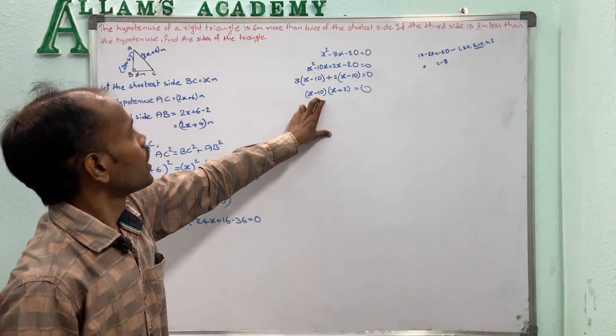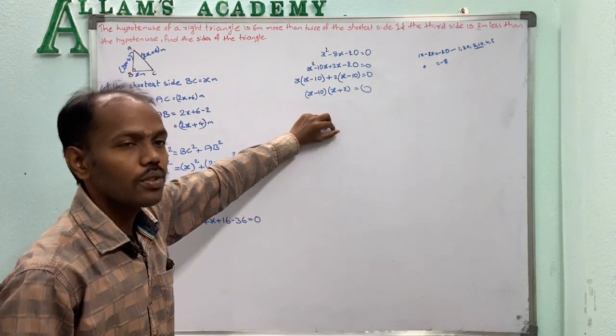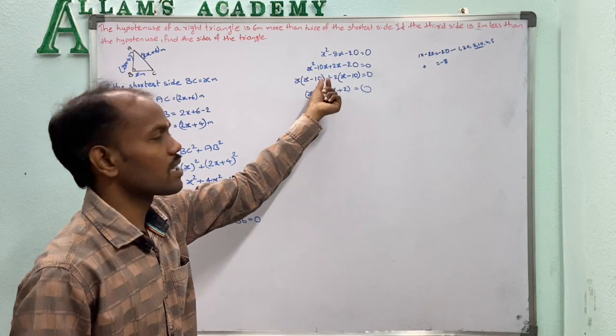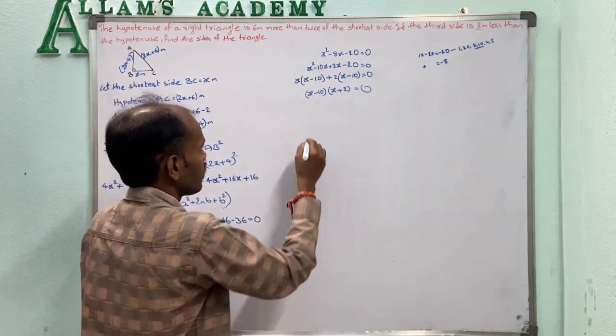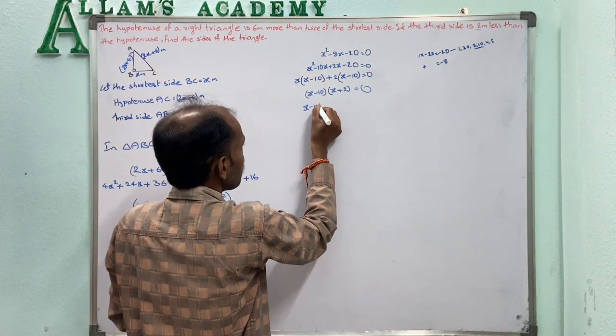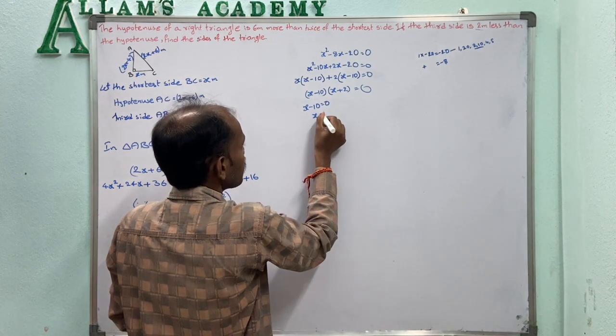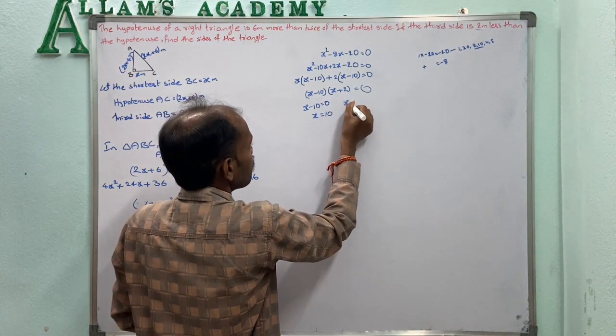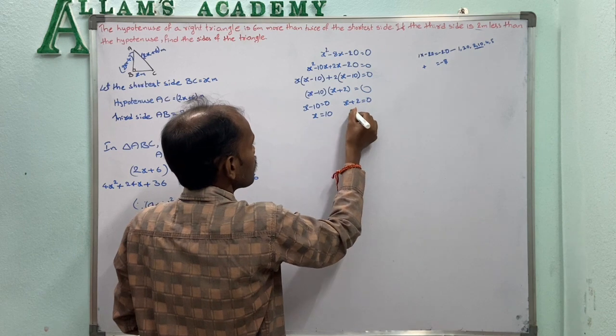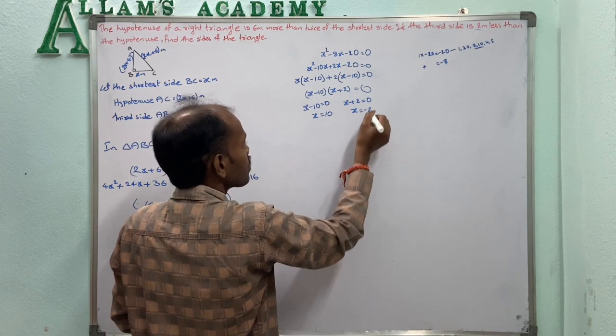Now (x minus 10) into (x plus 2) equals 0 means either the first factor or the second factor is equal to 0. If x minus 10 equals 0, then x equals 10. If x plus 2 equals 0, then x equals minus 2.